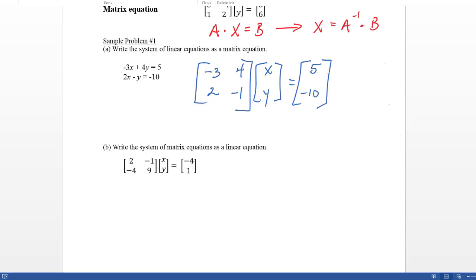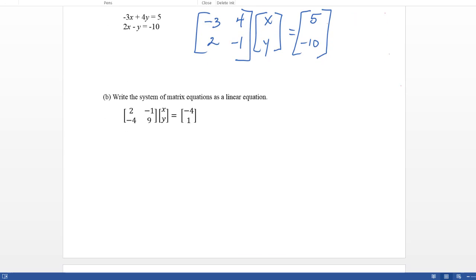Now if I want to reverse this process for part B, we're going to take each part of the top part of matrix A, the first matrix, and I'm going to take each of these coefficients, and the first one is going to be matched up with the X, and the second one is going to be matched up with the Y. And that's actually how we multiply matrices.